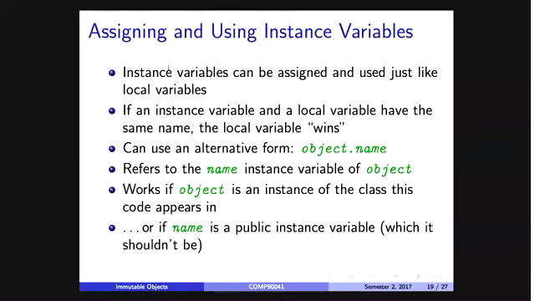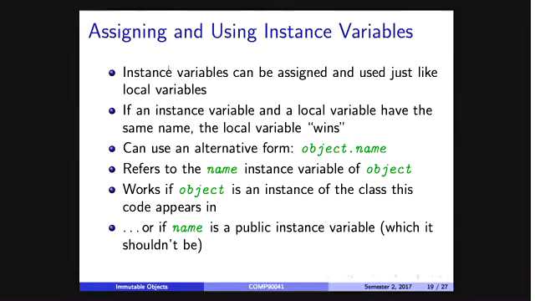Remember, that's essentially what we've been doing to send a message to something. We say object.messageName. Well, we do the same thing to get at the instance variables of an object. We say object.instanceVariableName.